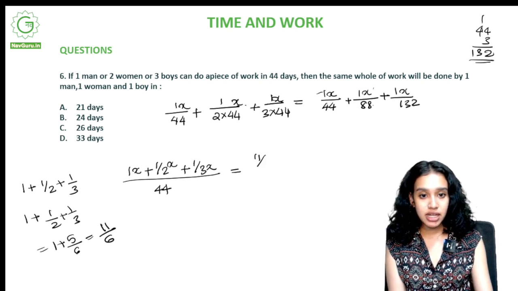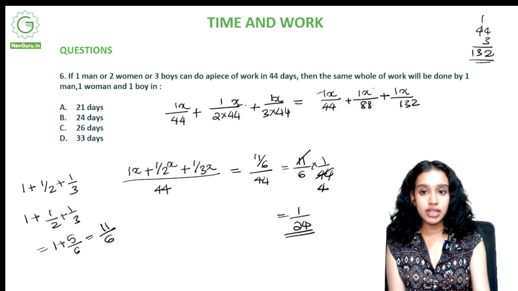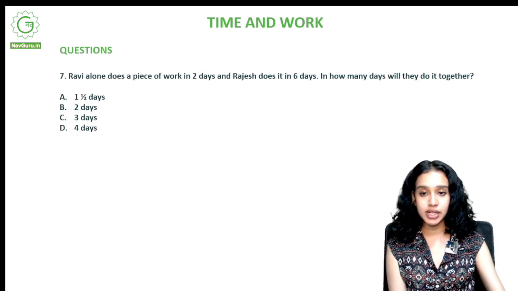So we have 11 by 6 by 44, which becomes 11 by 6 into 1 by 44, and we cancel this out into 4, and we have 1 by 24 here. So the amount of days required is 24 days. Now let's move on to the next question.